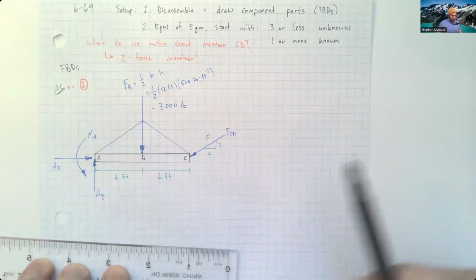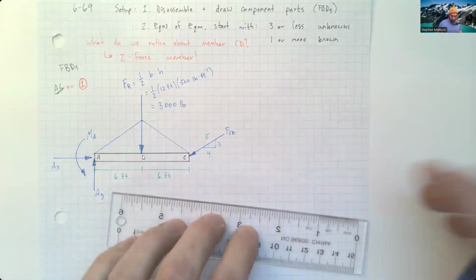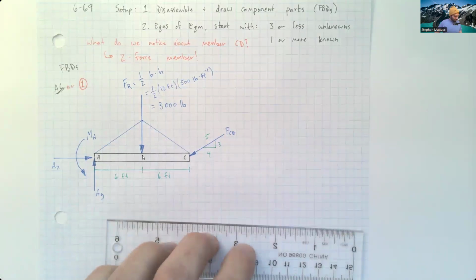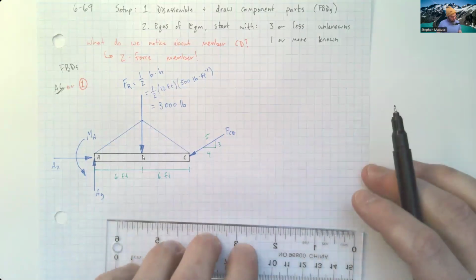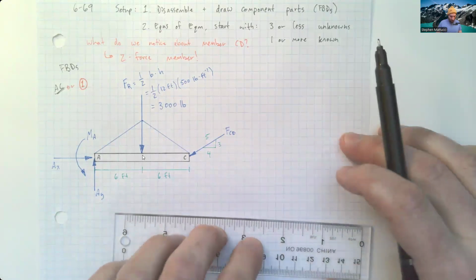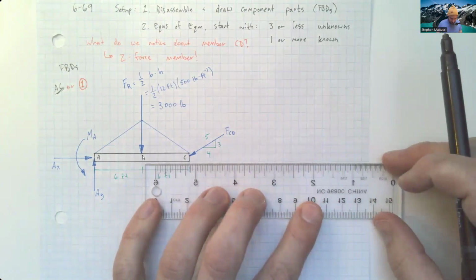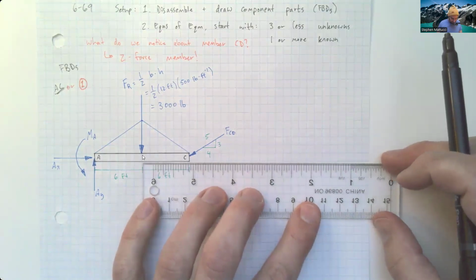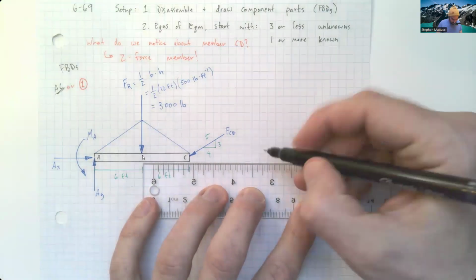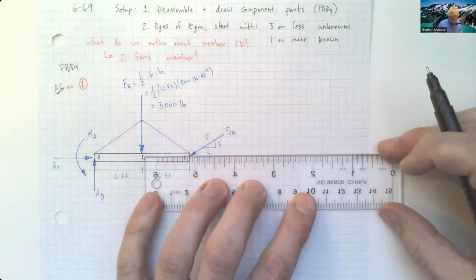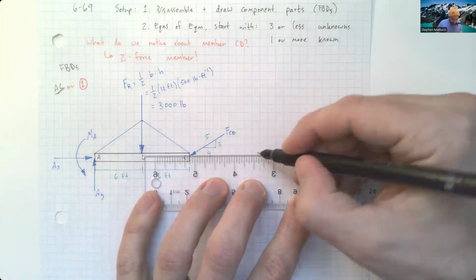So here's our first free body diagram. And so now let's draw DB over here. So DB.